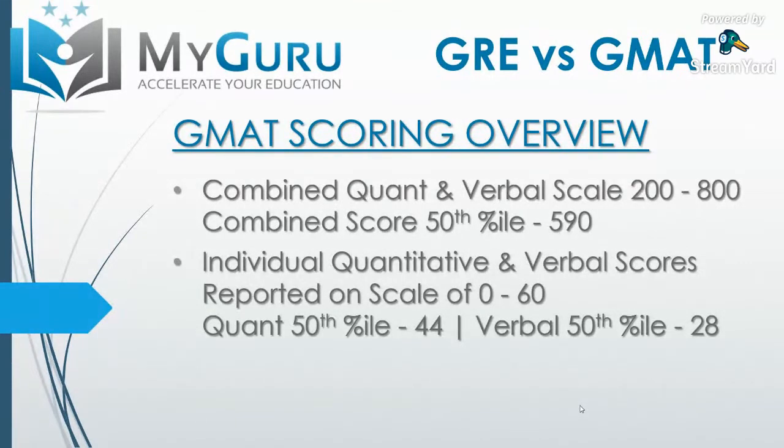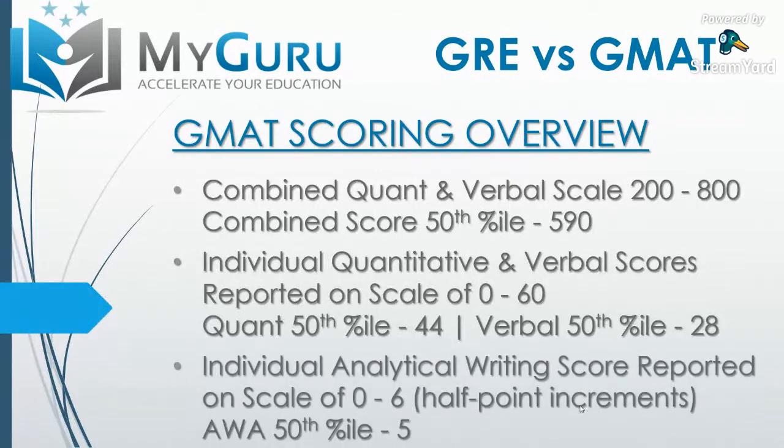And you can again see that the quantitative 50th percentile on the GMAT is even more starkly higher than the verbal 50th percentile. So just generally, you could see that the verbal is probably more difficult from this scoring scale on the GRE than the GMAT, but you can see that the average scorer does much better on the quant.